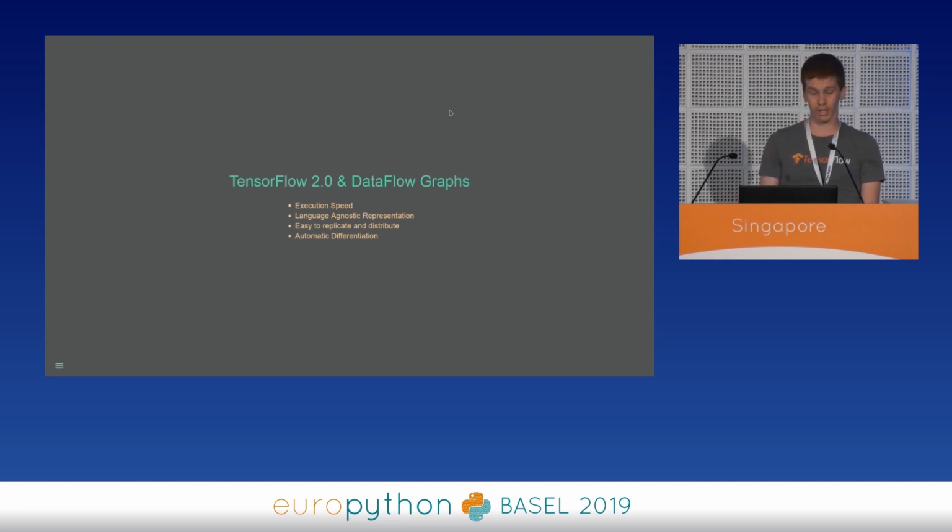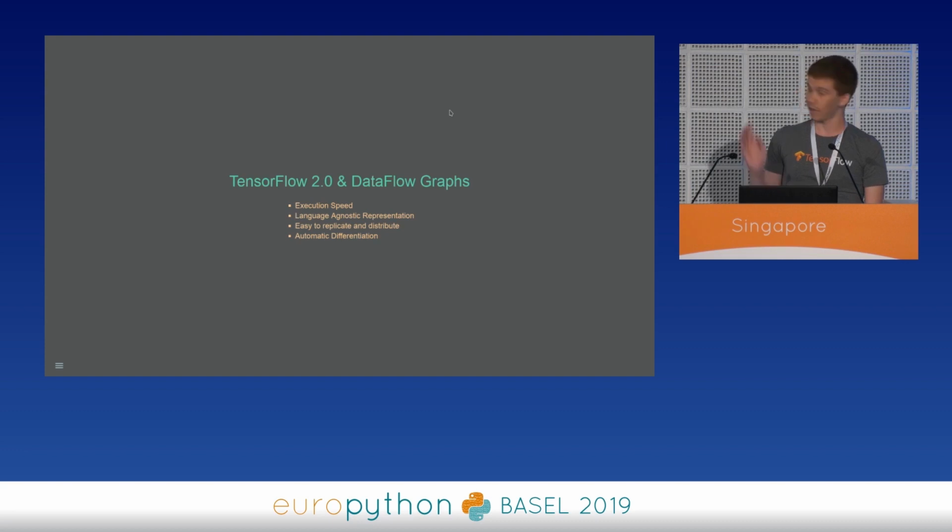This new design choice has been made with the goal of lowering the entry barriers, making TensorFlow more Pythonic and easy to use. Of course, the description of the computation using data flow graphs proper of TensorFlow 1 has too many advantages that TensorFlow 2 must still have.